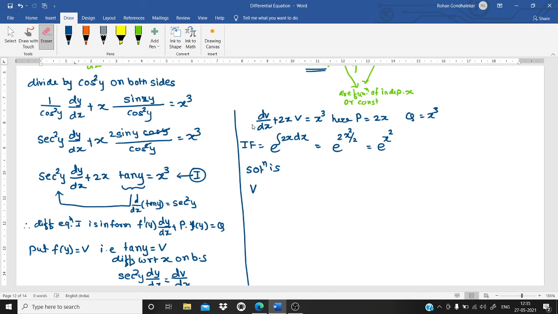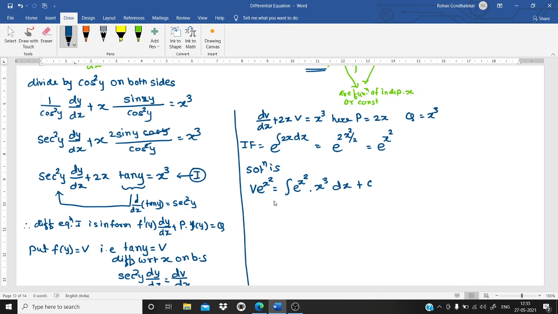So v into integrating factor is equal to integration of integrating factor into x cube dx plus c. Okay, now fine, work out this integral.